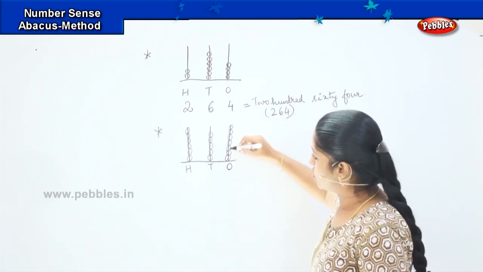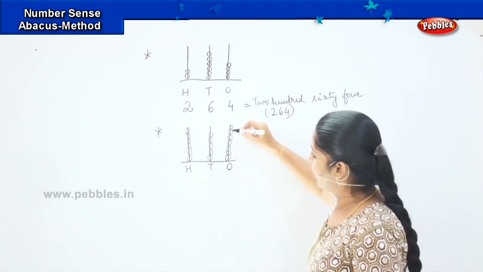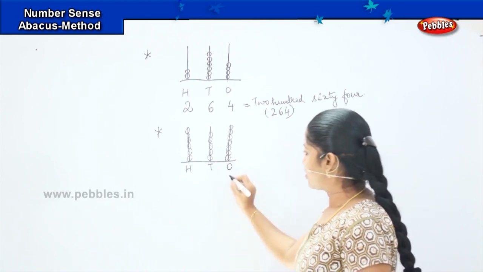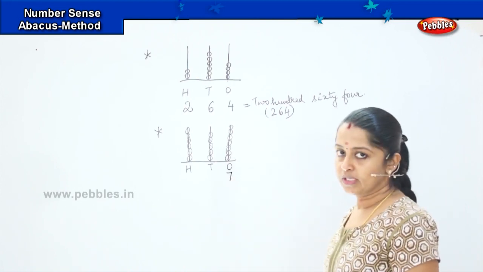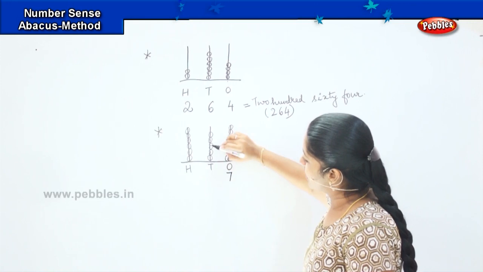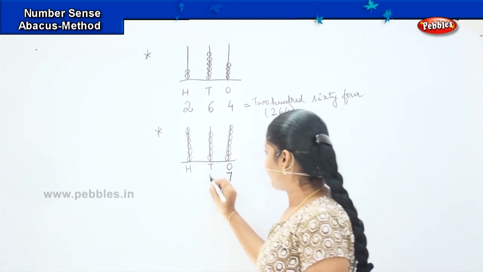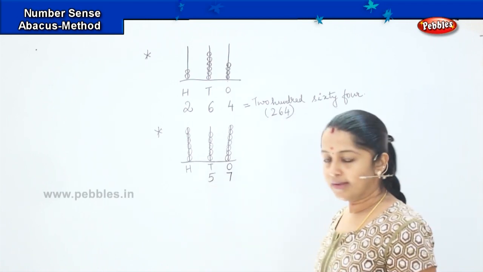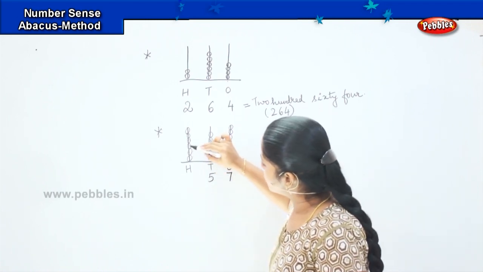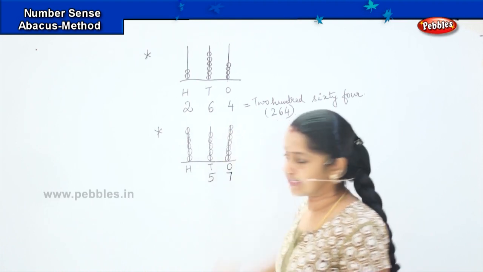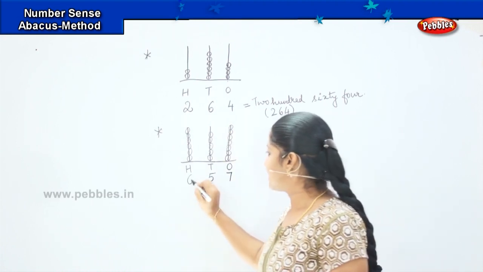It's 1, 2, 3, 4, 5, 6, 7. I'm going to write 7 here now. Shall we count in tens? It's 1, 2, 3, 4, 5. I'm going to write 5 here. Okay? And now 1, 2, 3, 4, 5, 6. I'm going to write 6 here.